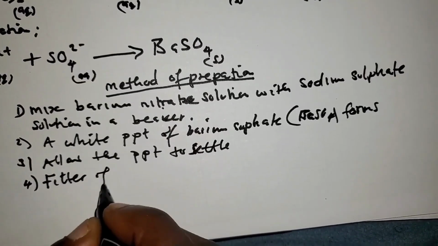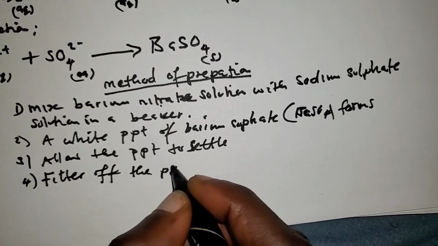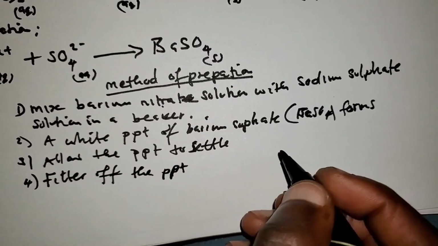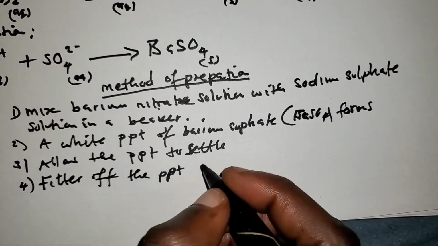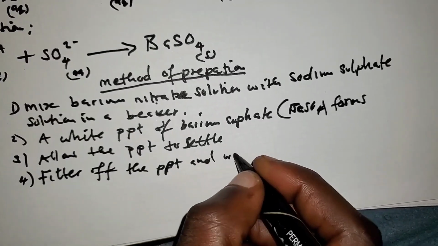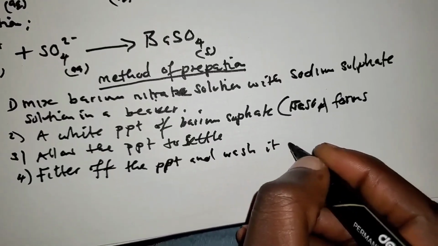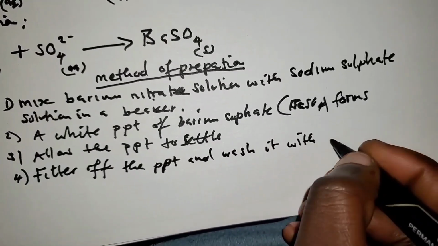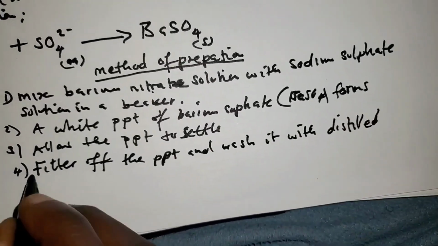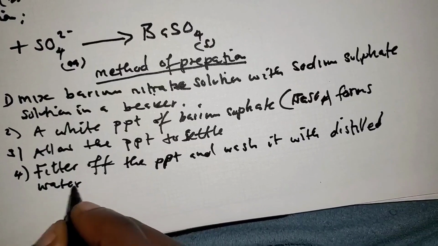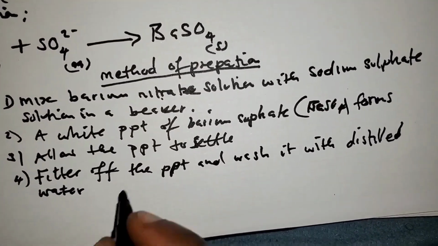Now filter off the precipitate. Not only filtering off, but also make sure you wash the precipitate with distilled water. Why are you washing the precipitate with distilled water?